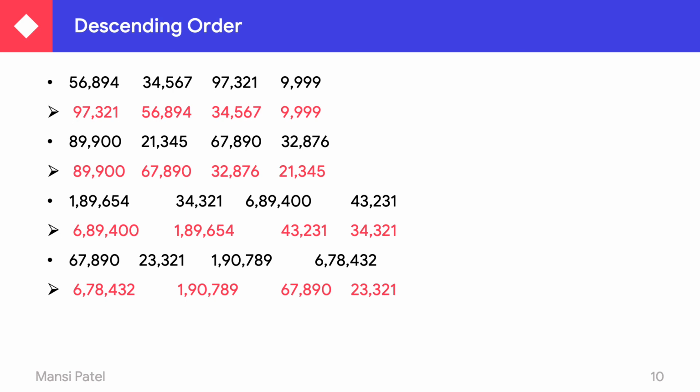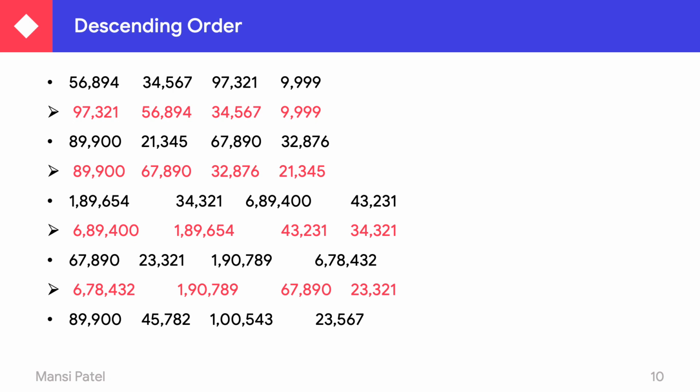Among these, we can say 6,78,432 is the biggest number. Then after that 1,90,789. Then after that 67,890, and then 23,321. Next, 89,900, 45,782, 1 lakh 543, then 23,567.